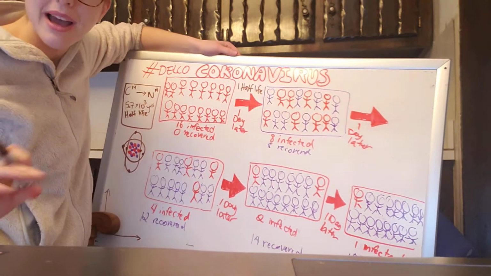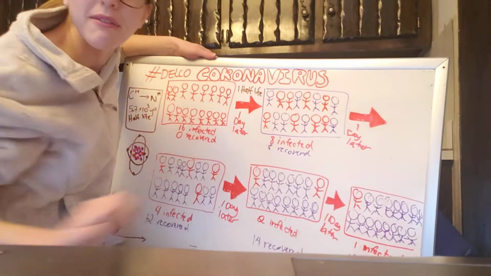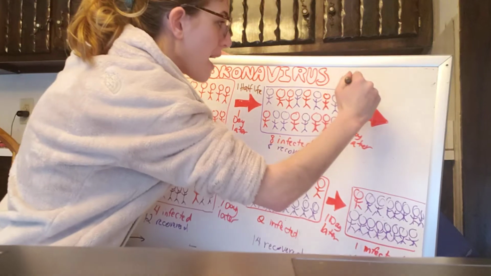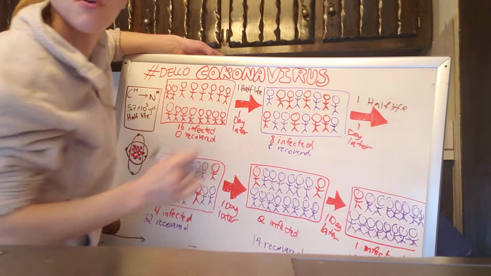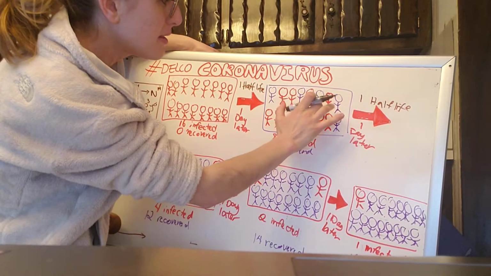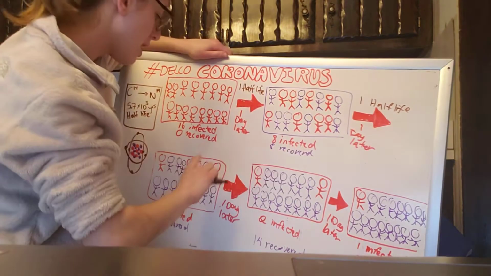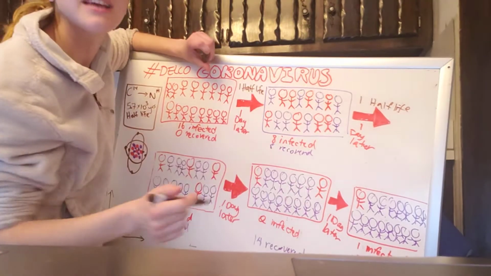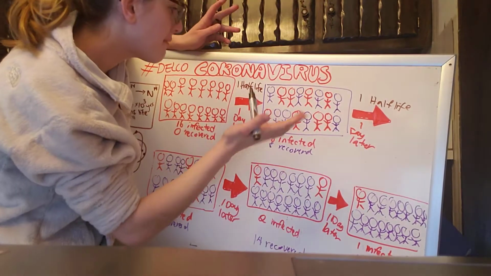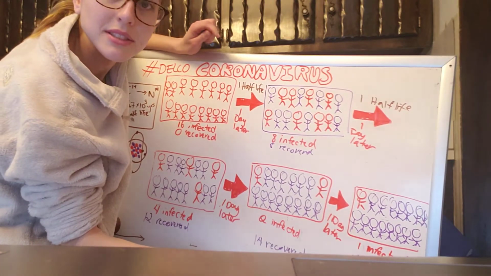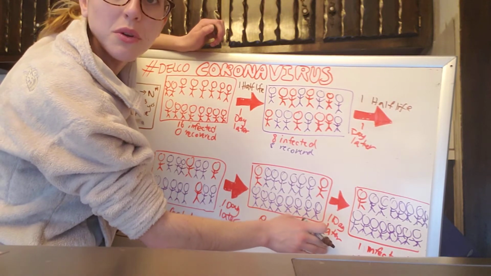1 half-life has gone by in my first scenario where half of my people recovered. And then another half-life happened, in which half of the people in this scenario recovered. If I add these together, 2 half-lives have gone by. 3 half-lives, 4 half-lives, etc. So my half-life in this scenario is considered 1 day. 2 half-lives later would be 2 days, 3 half-lives later would be 3 days, and 4 half-lives later would be 4 days.